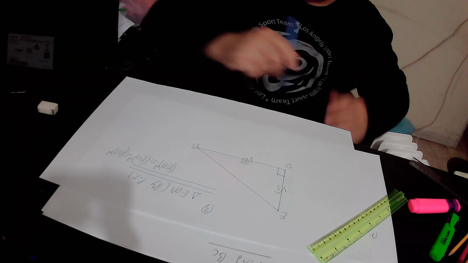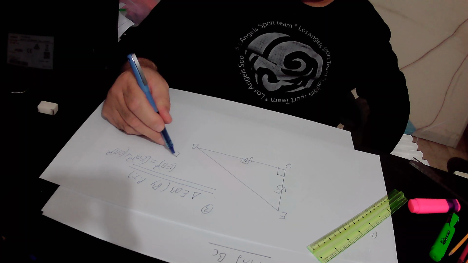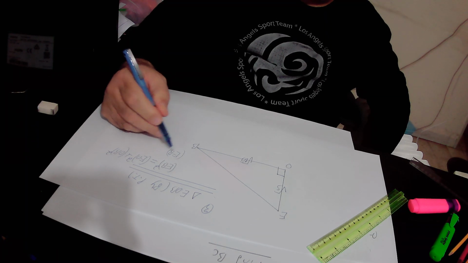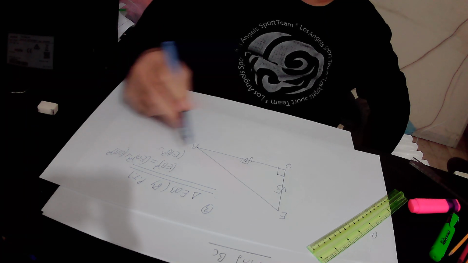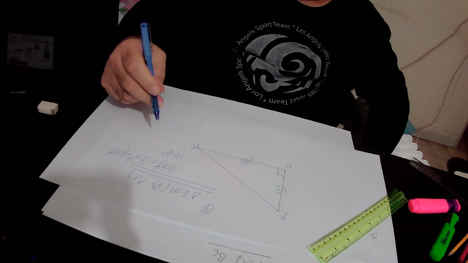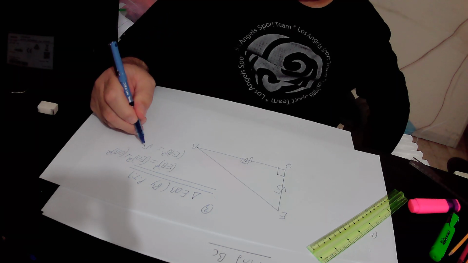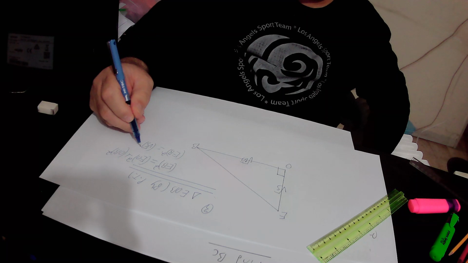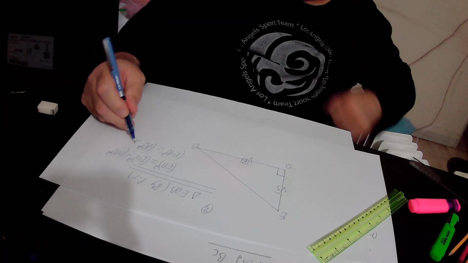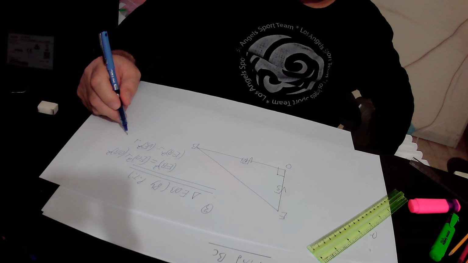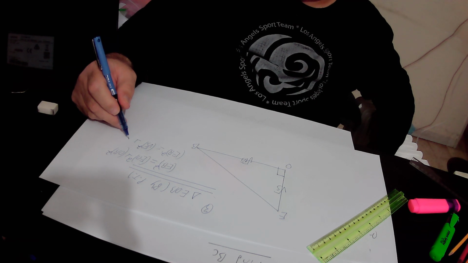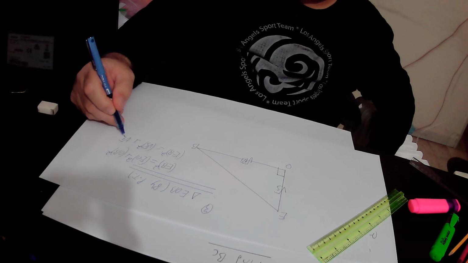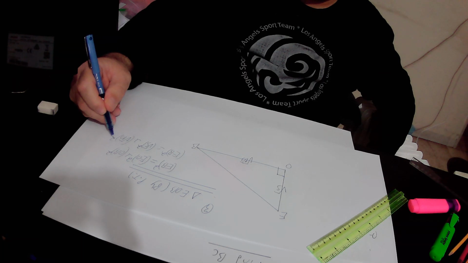Okay, so EB squared, that is the square of the hypotenuse, must be equal to EO squared. EO equals the square root of 5, therefore EO squared equals 5, plus OB squared. OB equals the square root of 10, therefore OB squared equals 10.